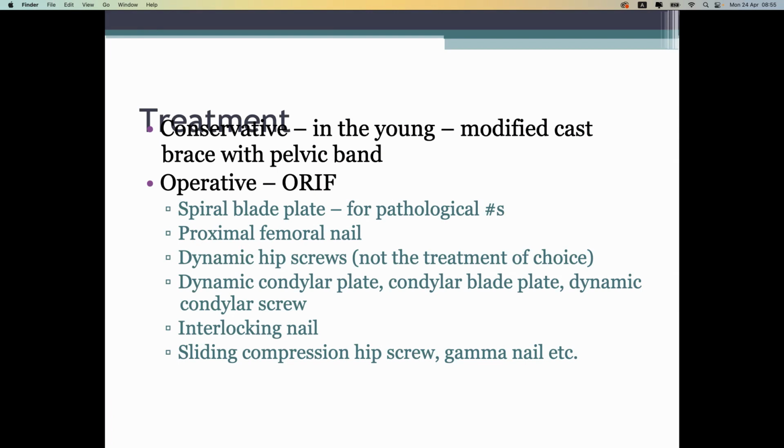The next is the surgical treatment, which includes, of course, the surgical intervention into the joint. And we can apply any different type of the fixators, like dynamic hip screw, proximal femoral nail, and so on.